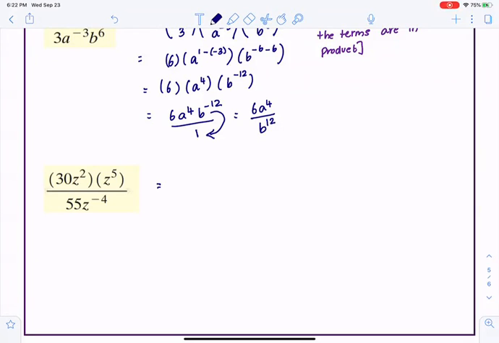Since all the terms are in product, I can split the numbers first, and put all the other terms that have z in them in the second part. 30 and 55 both will get cancelled by 5. 6 times 5 is 30, so we have 6. And 11 times 5 is 55, so we have 11.